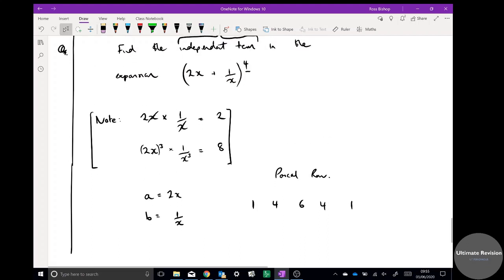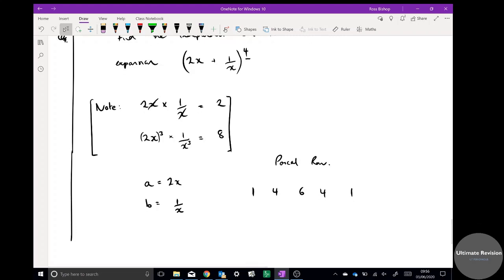Now you might think, okay, it's to the power of 4. Which term is going to make me have an independent term? It's going to be when the 2x power and the 1 over x power are the same. A bit like when we put in the note here. You see there was just an x there, 1x over x made 2, and then x cubed over x cubed just made it disappear.